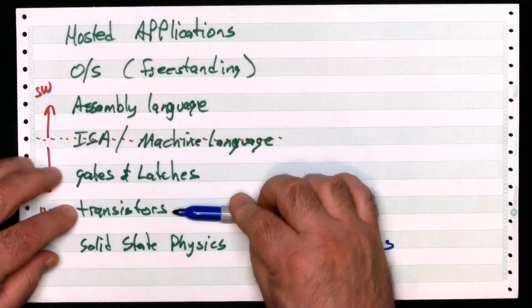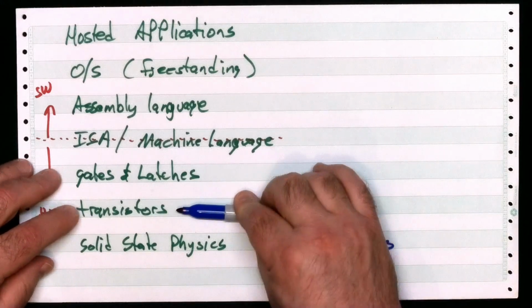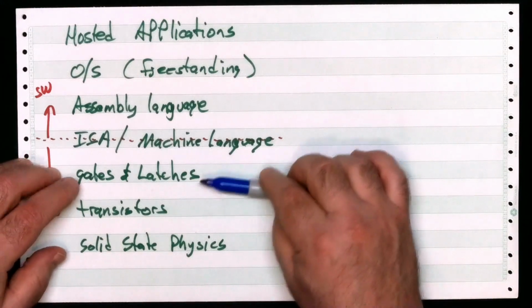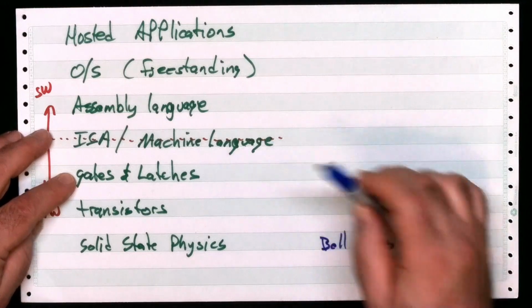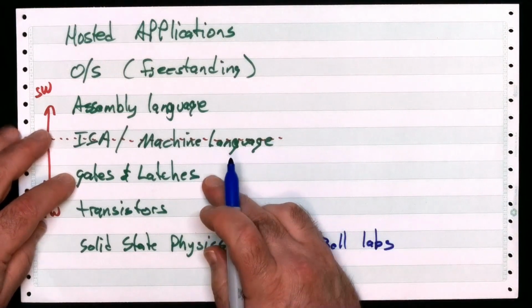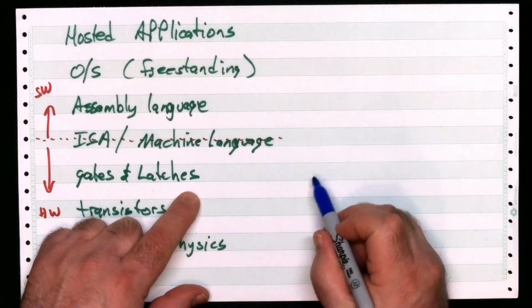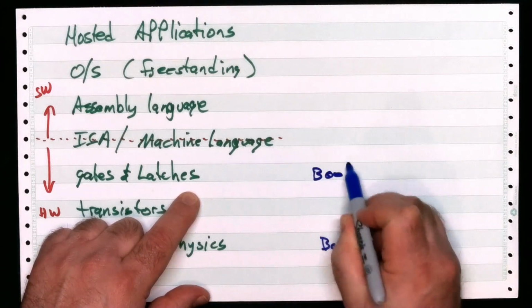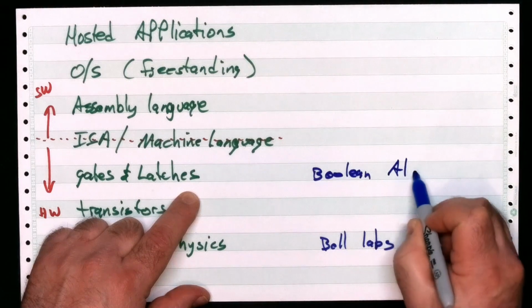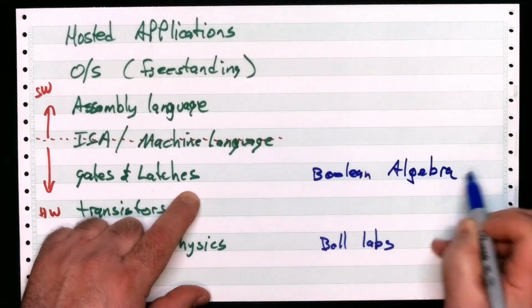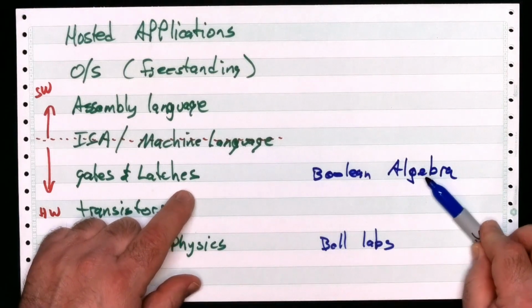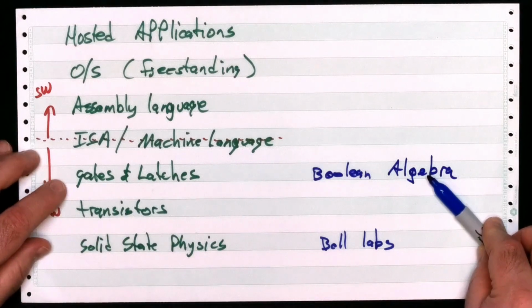Then a group of people got together and found out that we can combine transistors together and create gates and latches. These things can be, and very commonly are, used to execute and perform Boolean operations as specified in the Boolean algebra laws, okay?